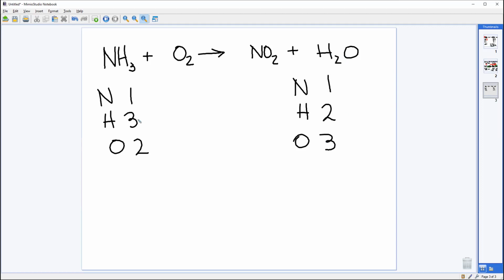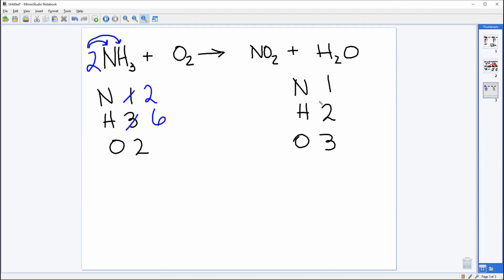So I want to get to 6. So in order to get to 6, I need to multiply this by 2. So I'm going to have to put a 2 here, which is now going to change both my nitrogen and my hydrogen. So I'll have 2 nitrogen and 6 hydrogen.